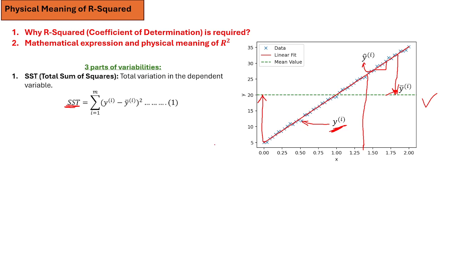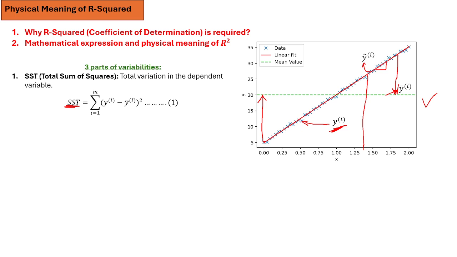Now, as the next step, we would want to use this value as a reference to draw our straight line, which is marked by this red prediction line. For that, we need to consider the fact that this variability in the actual data has to be captured by this straight line.